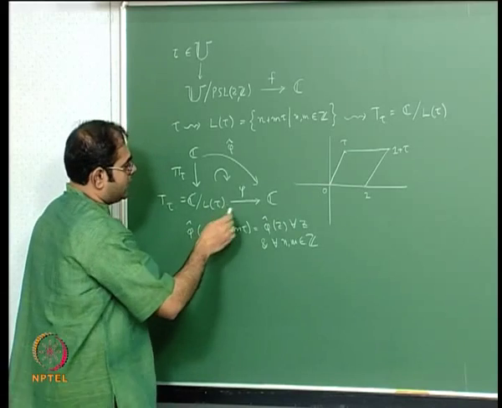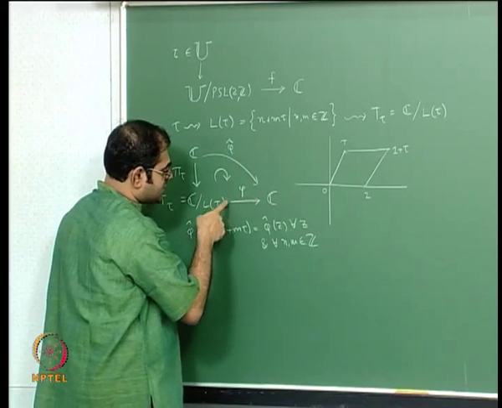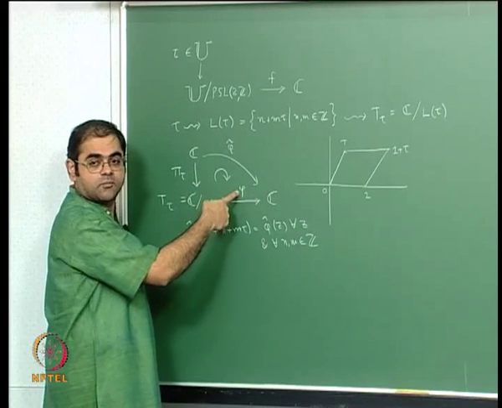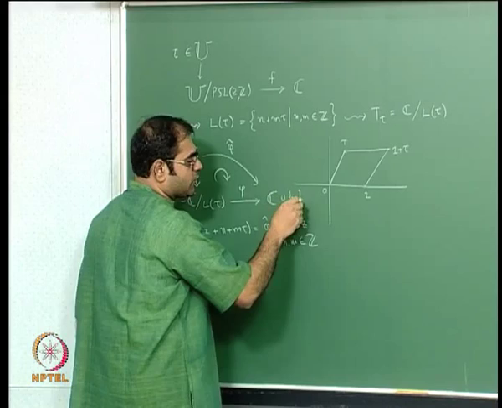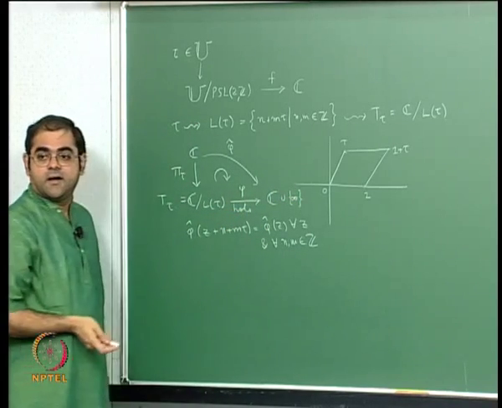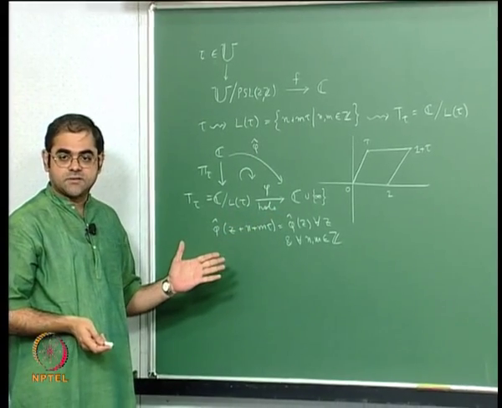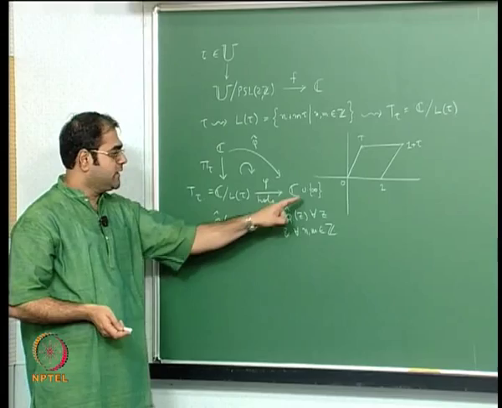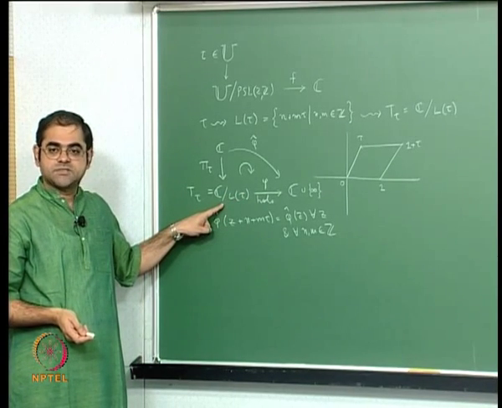So let me rewrite this diagram, in the sense that of course I don't want phi to be holomorphic, I want phi to be meromorphic, so I will put C union infinity. A holomorphic map into C union infinity is of course a meromorphic function, and the inverse image of infinity are the points that correspond to poles.